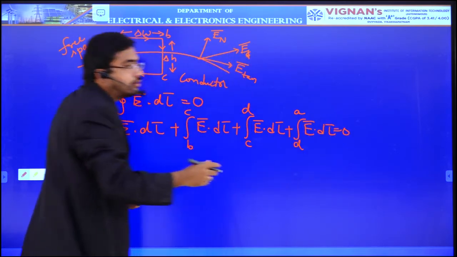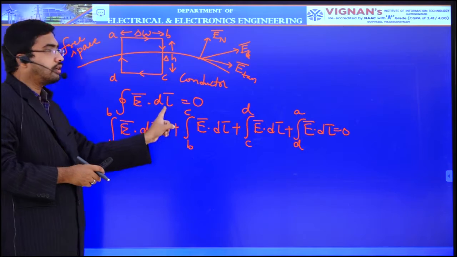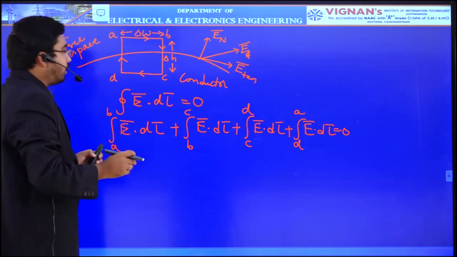So that is equal to 0, because we know that for a closed path, integral E bar dot dl bar is equal to 0. Okay.